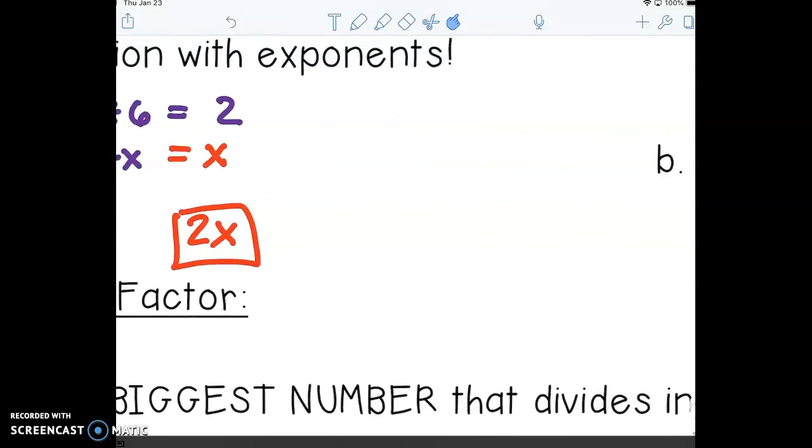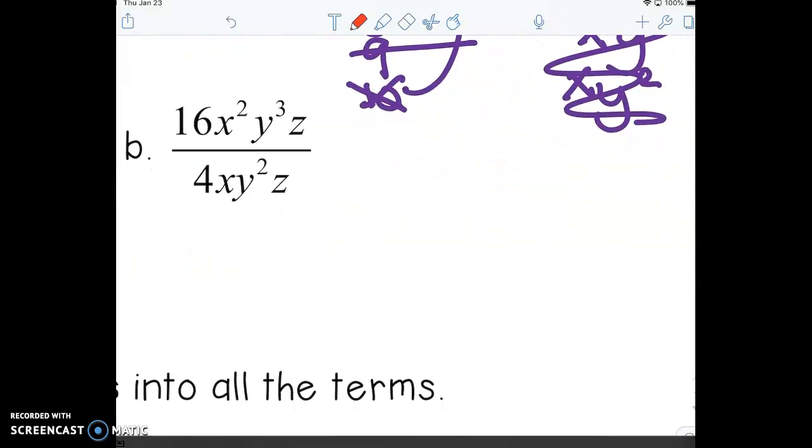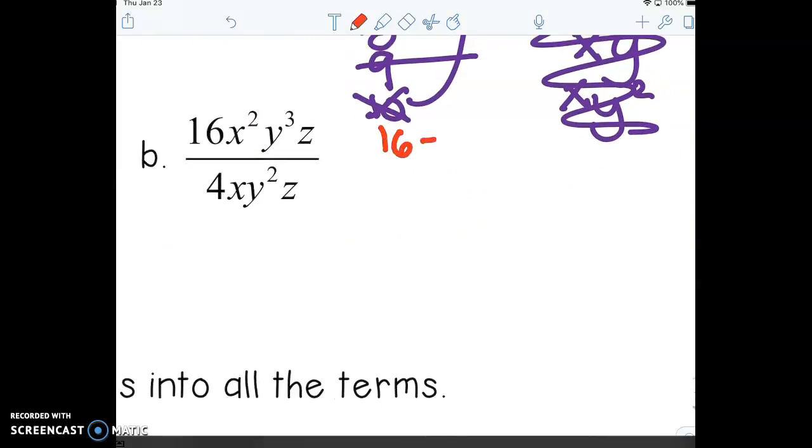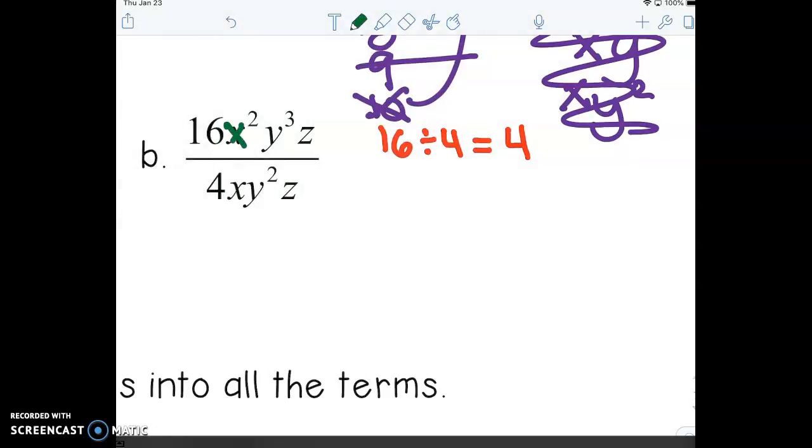Let's go again. So I'm going to take 16 divided by 4. Gives me 4. I'm going to take x squared divided by x, which I showed you on the last set was equal to x times x divided by x. Cancel, leaves me just an x.